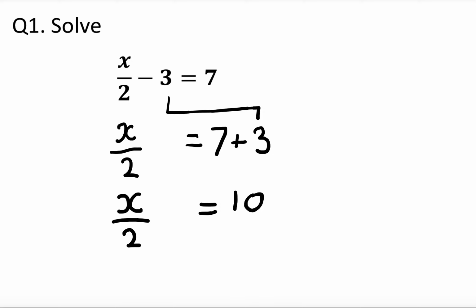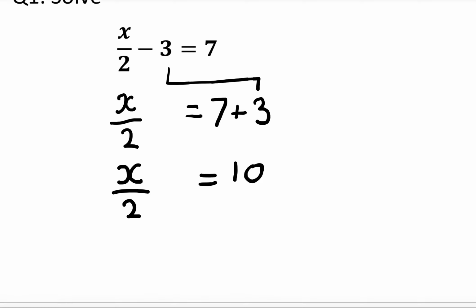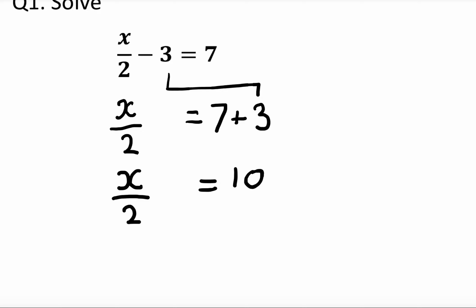Now, if we divide x by 2, we need to multiply the other side by 2. So to take that 2 and put it on the other side, we'd say x equals 10.